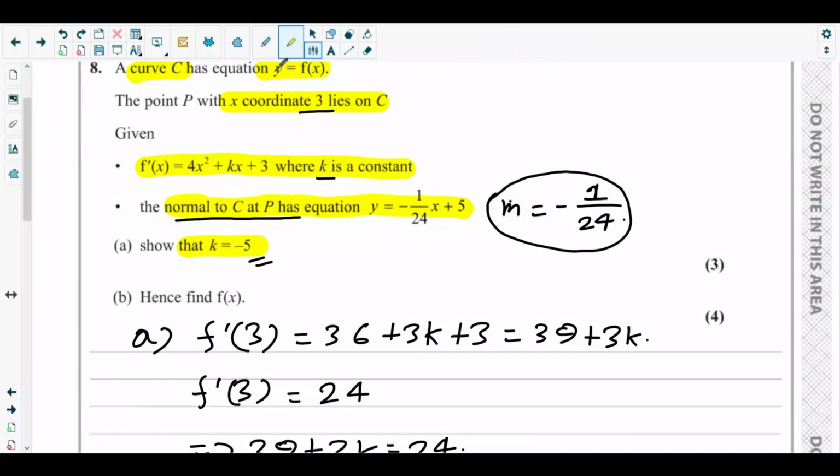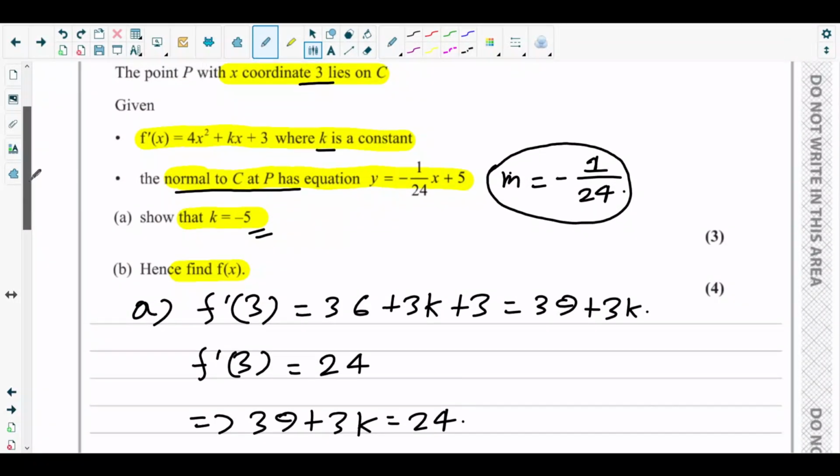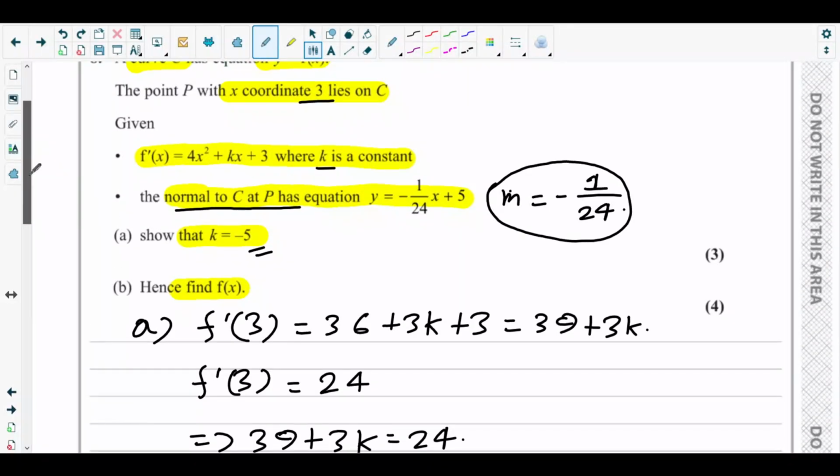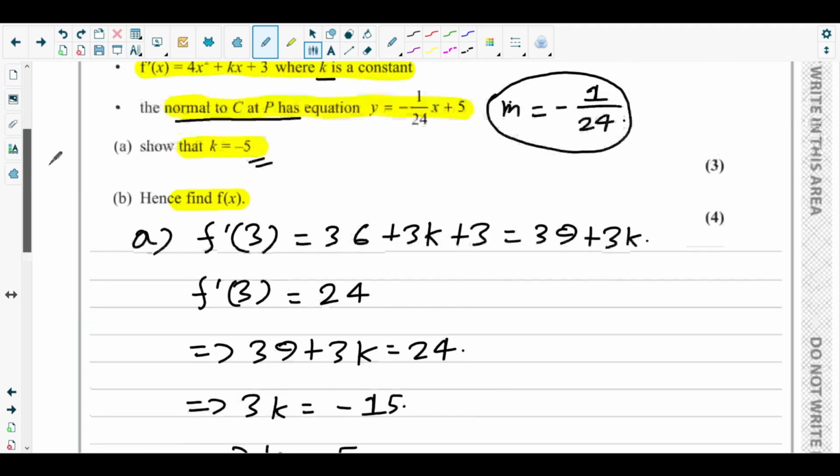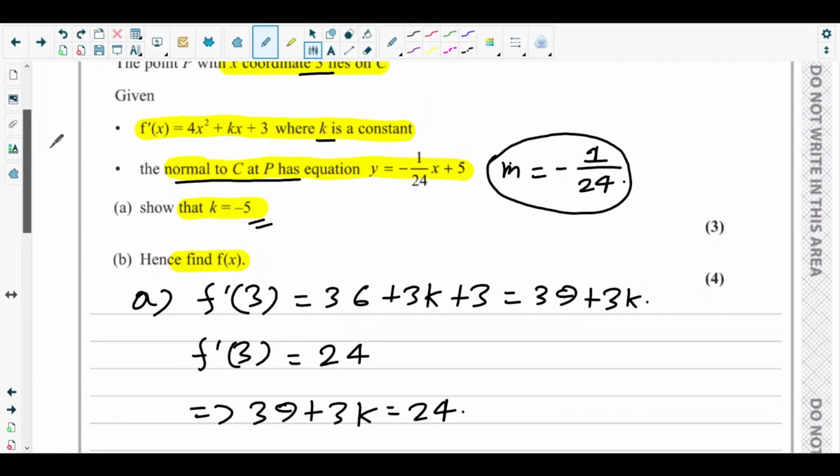Next is part B. In part B, they are saying hence find f of x. We got the value for k in part A, which is k equals negative 5. So now we need to find the original function, that is f of x. Let's put the value for k into the equation of f dash x.